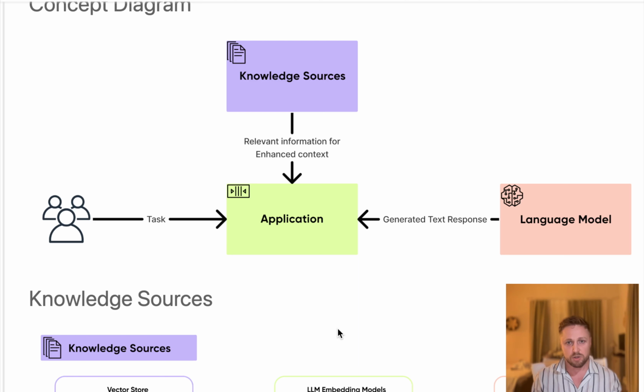It's knowledge sources, where we store the company documentation in a way where we can do similarity search, semantic search, and get the context to answer a particular question. And we use large language models. It can be commercial, it can be open source, and the applications that join everything together.